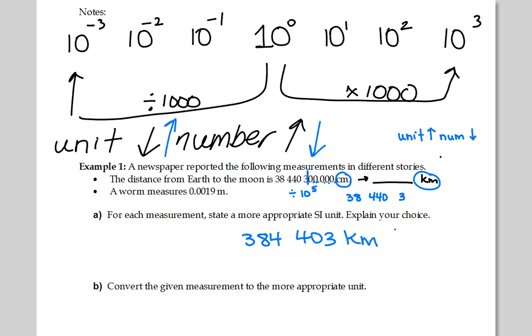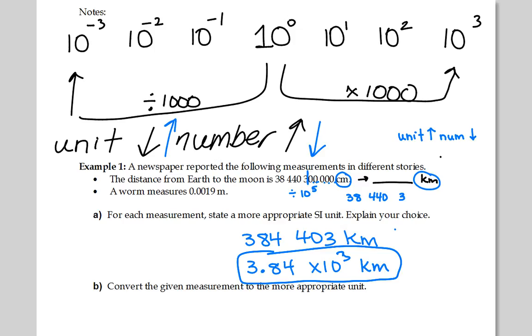Now, this is still kind of weird. In scientific notation, you do something like this: 3.84 times 10 to the 3 kilometers. This is what you do in science class. You don't need all that accuracy. It's like 384,000 kilometers. Okay? So in math class, that's what you're looking for, the one with the arrow. In science class, you would use scientific notation.